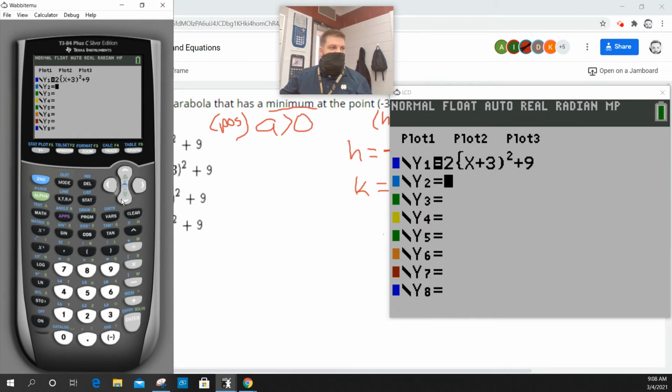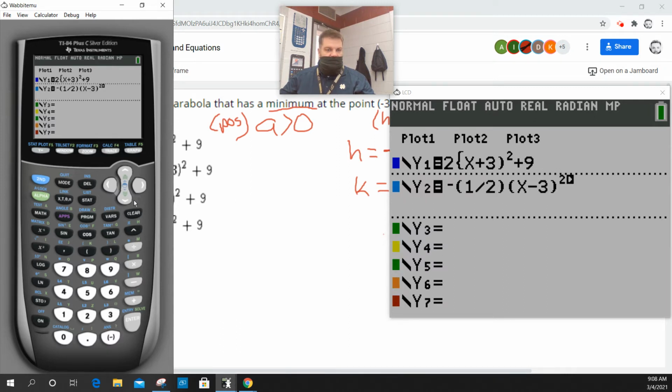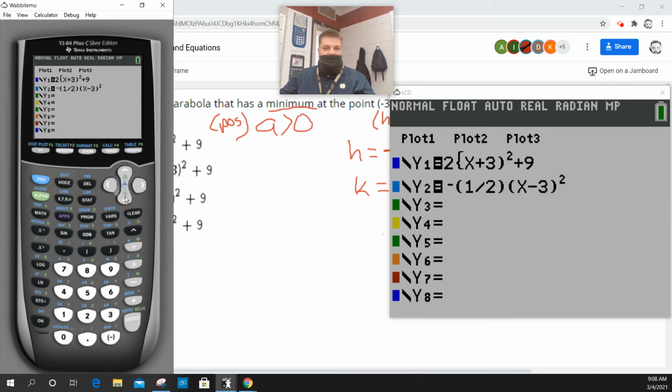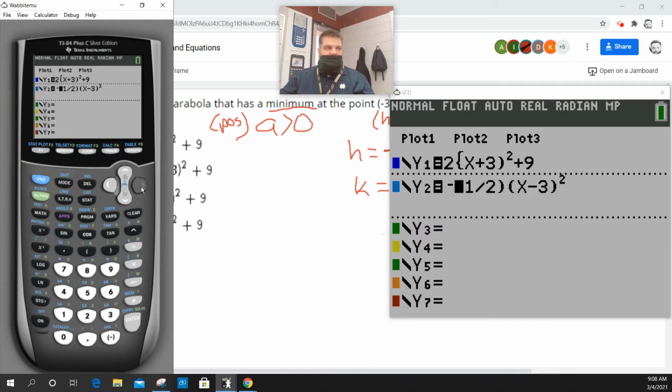Next one is negative, in parentheses, negative 1 divided by 2 times the quantity x minus 3 squared. The next one is, oh wait, did we do the plus 9? We got to put the plus 9 at the end. Plus 9.